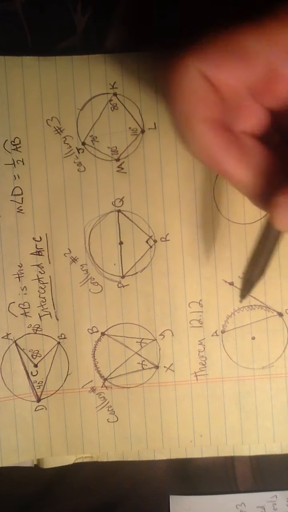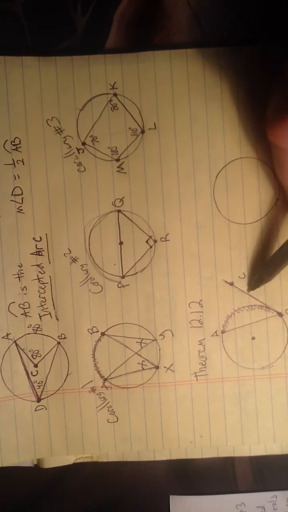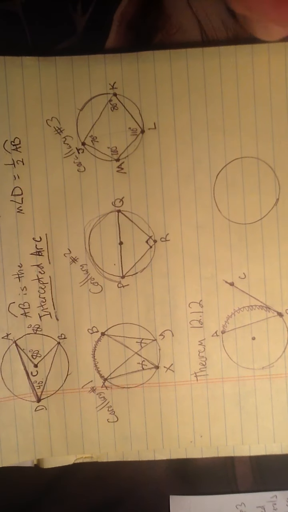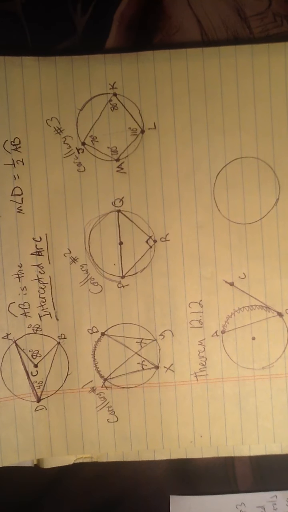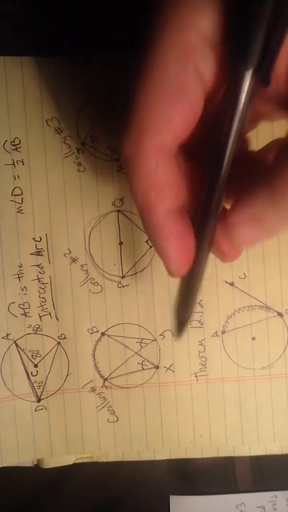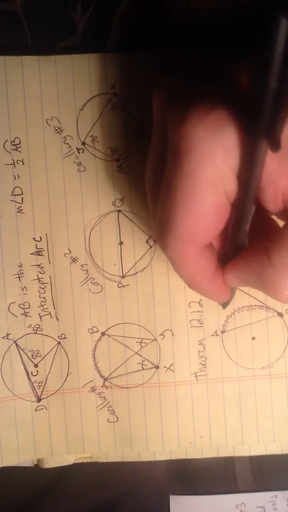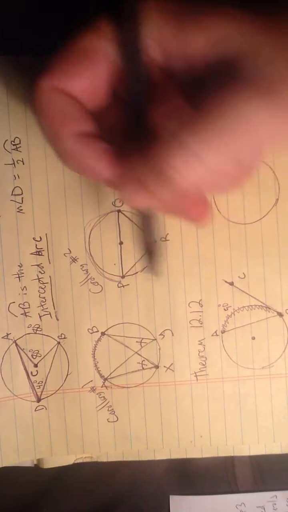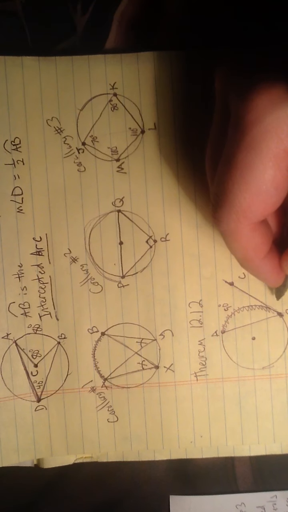Isn't this arc completely in the interior of our angle? It's all sandwiched inside. So 1/2 of the arc from A to B. It's just half. Okay, so just as another example, if the arc measure from A to B is, I don't know, 90 degrees, then this would have to be 45 degrees.